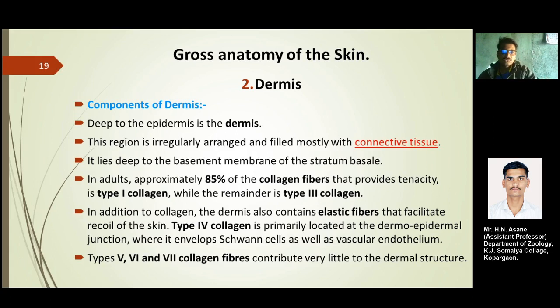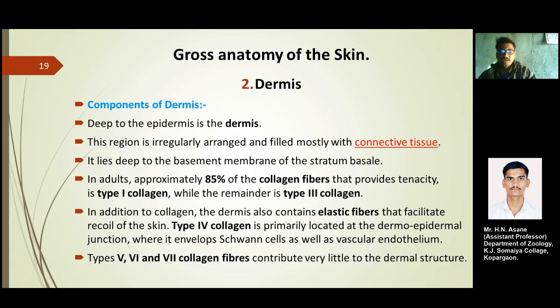So in addition to collagen, the dermis contains elastic fibers, and those facilitate the recoil of the skin, and type 4 collagen fibers are primarily located at the dermoepidermal junction, where it involves the Schwann cells as well as the vascular endothelium.